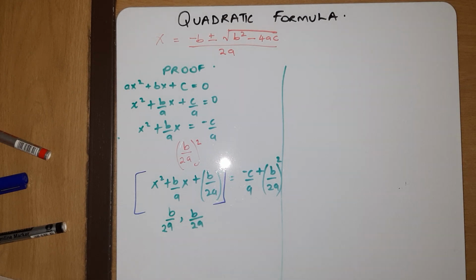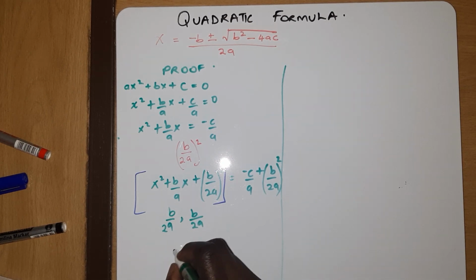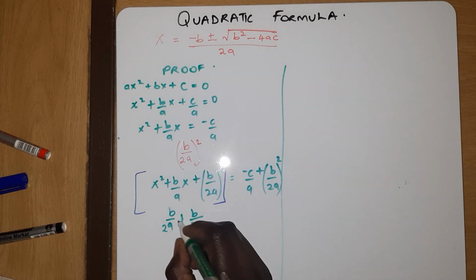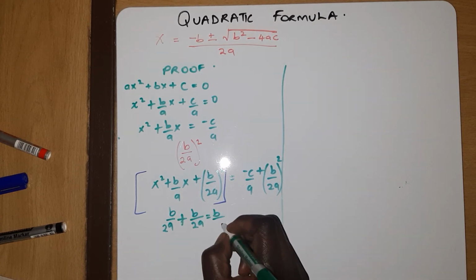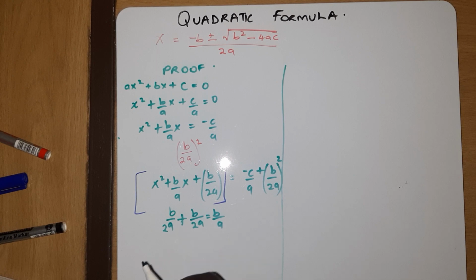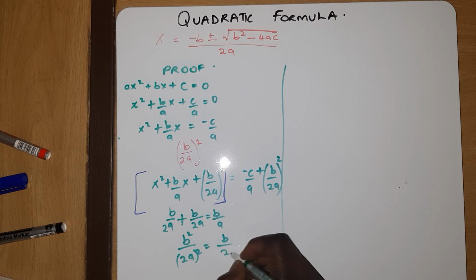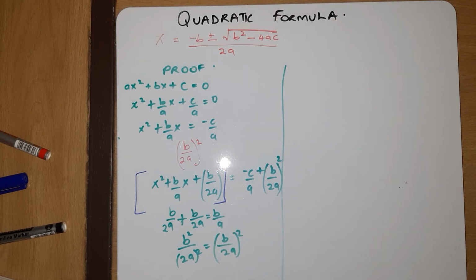When we add them, b over 2a plus b over 2a gives us b over a. And when we multiply them, we have b squared over 2a squared, which is our b over 2a squared.